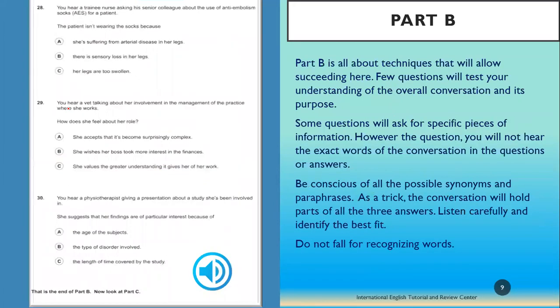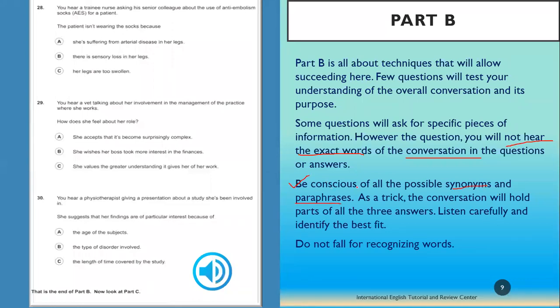Also in Part B, it's all about techniques that will allow you to succeed. A few questions will test your understanding of the overall conversation and its purpose. Some questions will ask for specific pieces of information. However, as I said a while ago, you will not hear the exact words of the question or answer, so be conscious of all the possible synonyms and paraphrases.